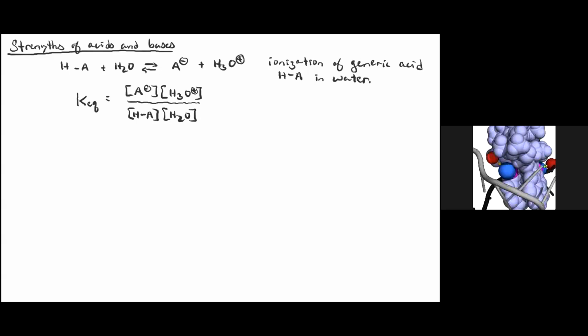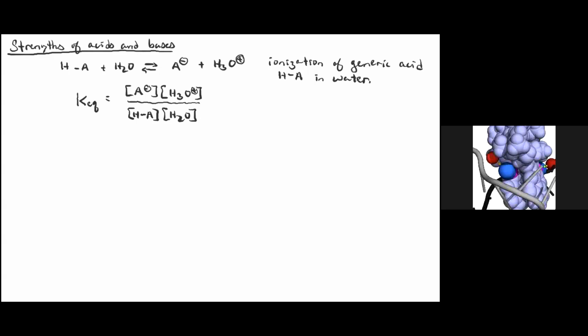Because water is solvent in this reaction, we assume that its concentration is invariant, so it doesn't change over the course of the reaction. And what we're going to do is multiply both sides of this equation by H2O.